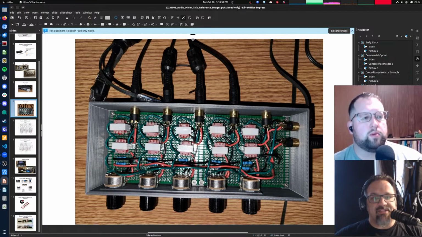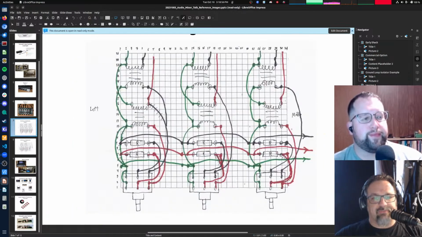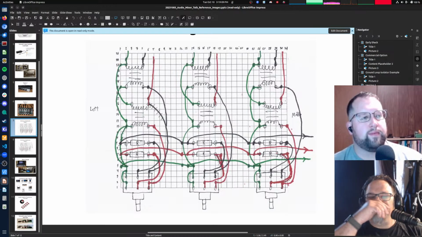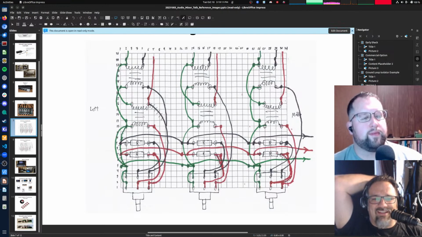Yes, because the transformer is just a bunch of wire, and as far as a continuity checker is concerned, that wire is just going to look like wire. It might have an ohm or two of resistance, maybe a few tens of ohms, but it should be close to zero between the left audio in and ground.